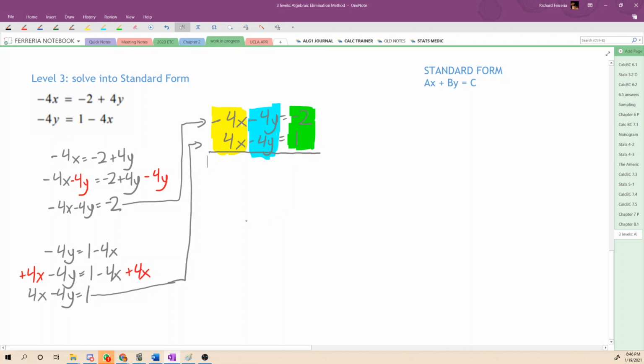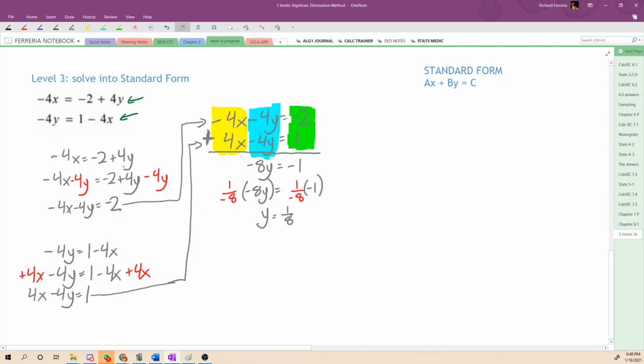So negative 4x plus a 4x, that's a 0, which of course you don't need to write. And then we've got negative 4y minus 4y, that's minus 8y. And then I have negative 2 plus 1, and that's going to be equal to negative 1. We'll divide both sides by negative 8. That gives me y equals 1/8.